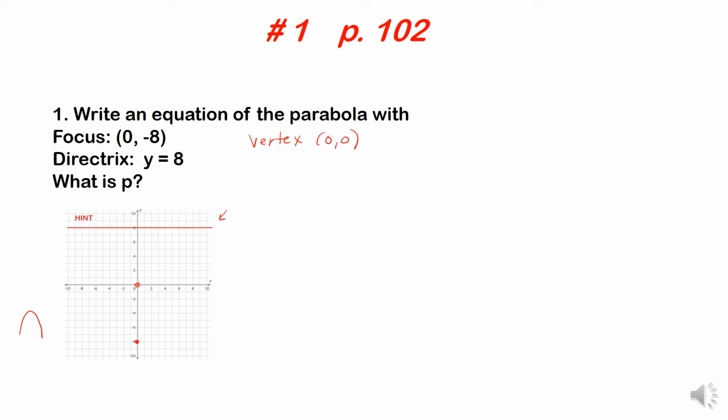Okay, now, the other thing I want to ask myself is, what is P? So I know P is the distance between the vertex and the focus. So P, in this case, is -8.